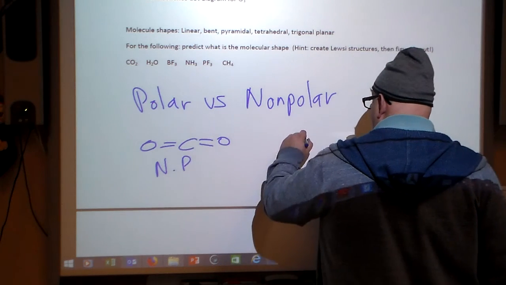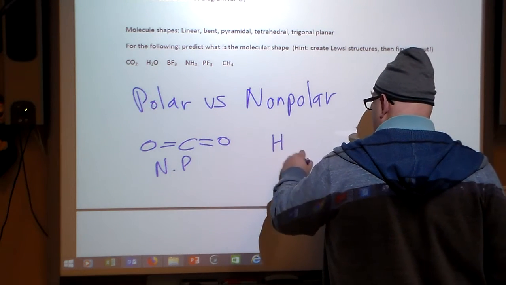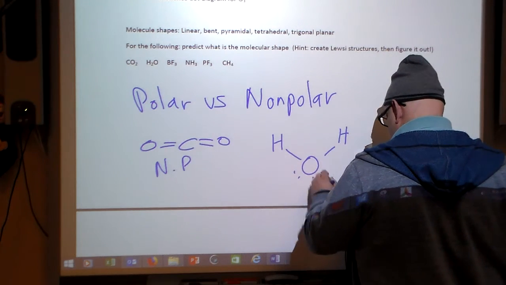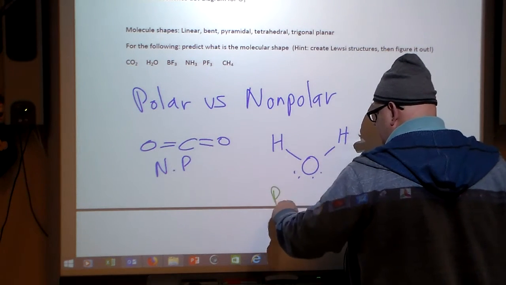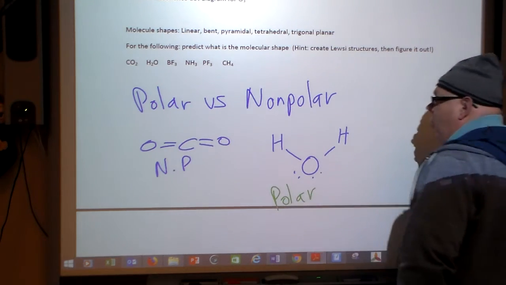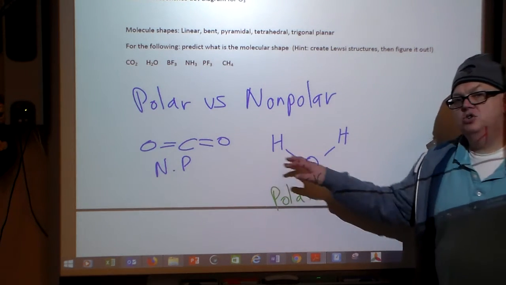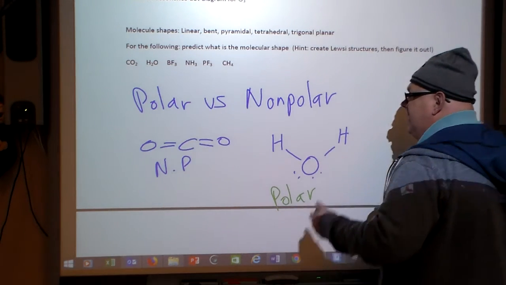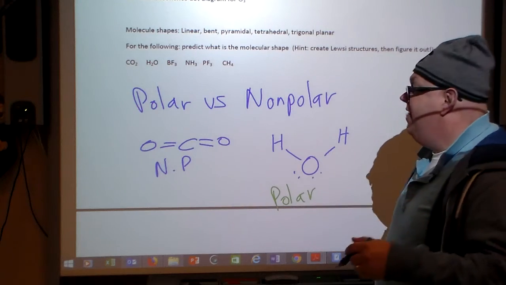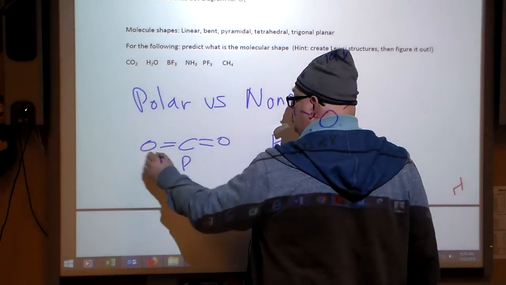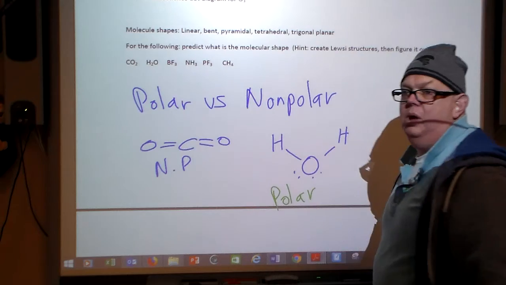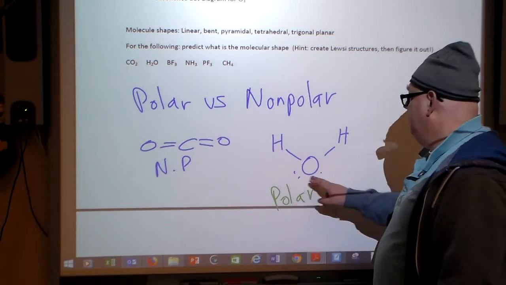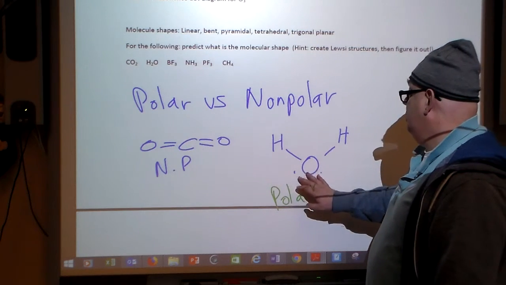On the other hand, when we look at something like this, this is quite polar. Why is it polar? It's not symmetrical, it's asymmetrical. When we're saying that something is symmetrical, that means when you go around it, it should have the same charges all the way through. There's no exposed electrons here. Here you've got exposed electron pairs.